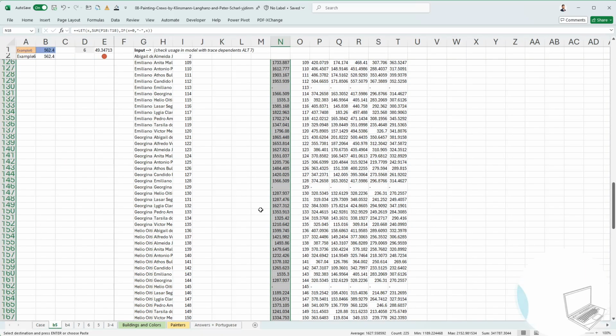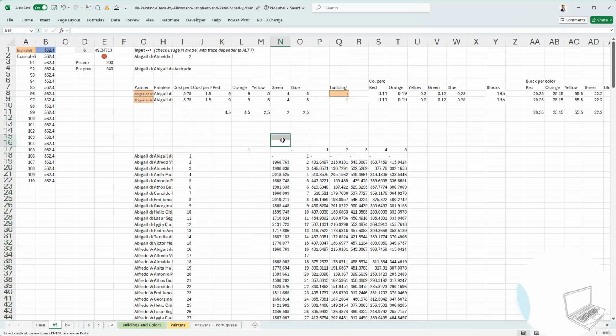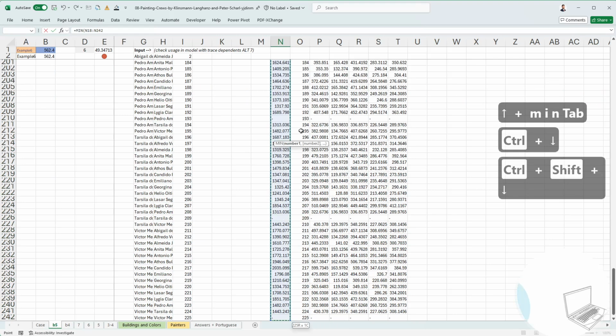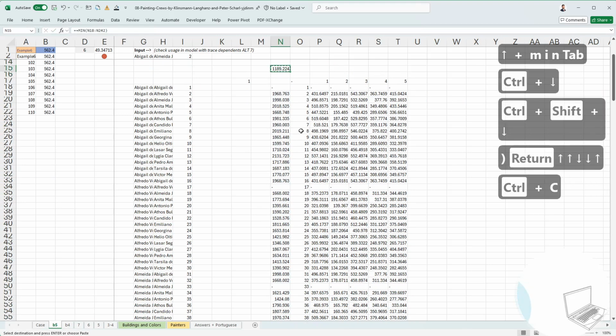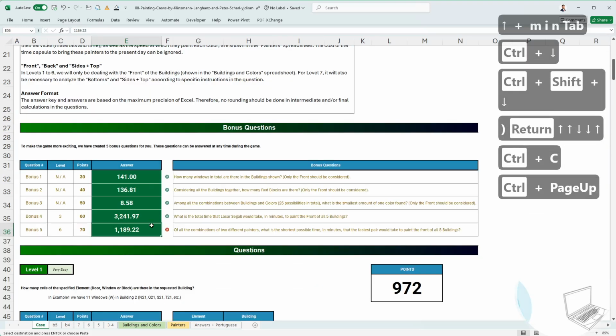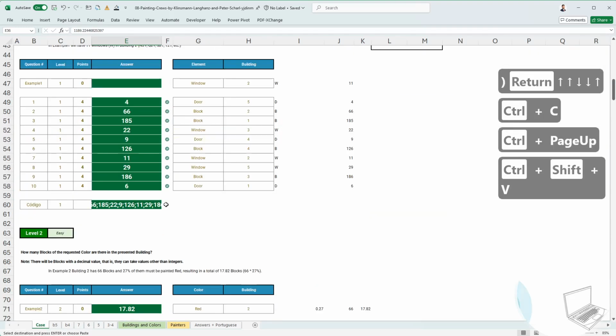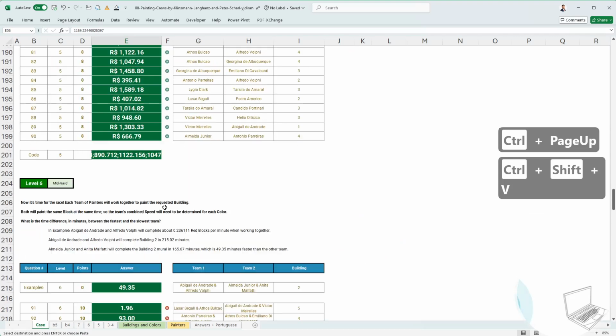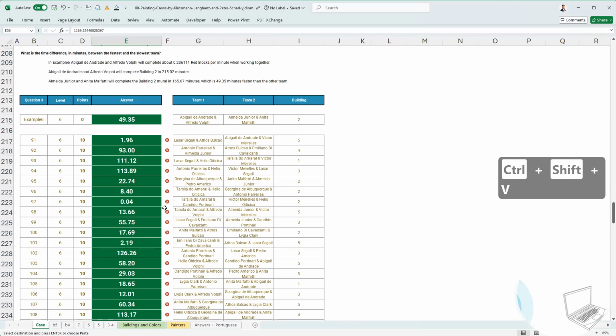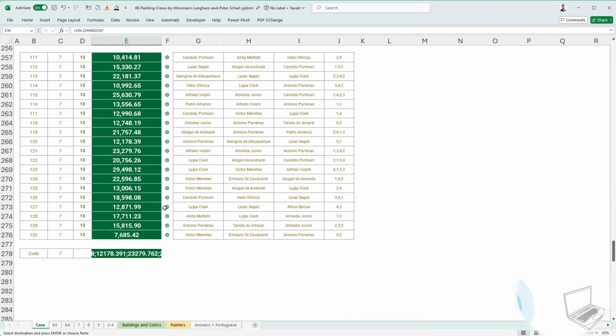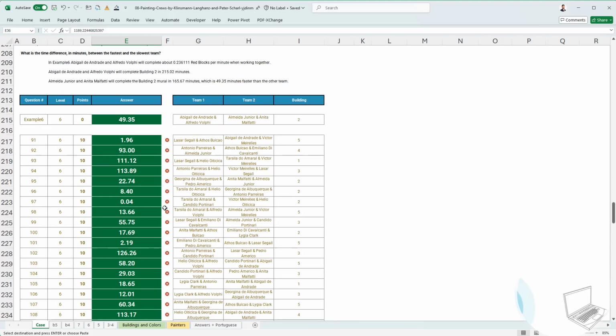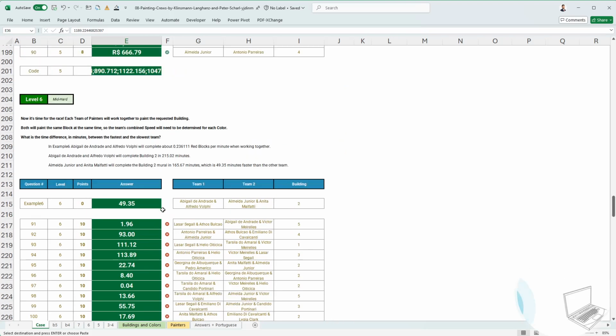Wait a second. This is probably not ideal in terms of rounding. Where are the errors? Level 6 completely wrong. Level 7 is correct. Can it be possible?